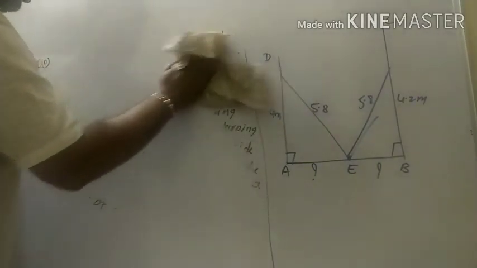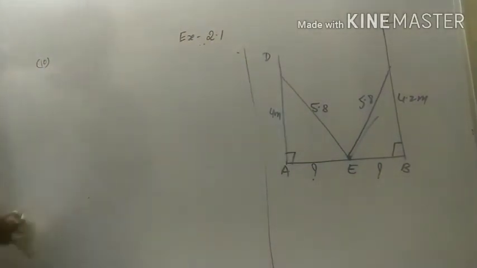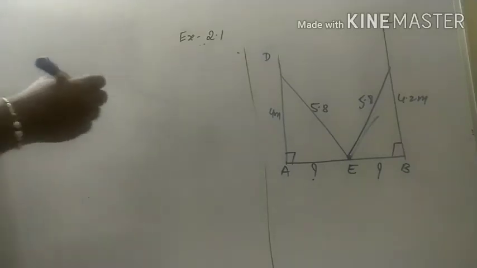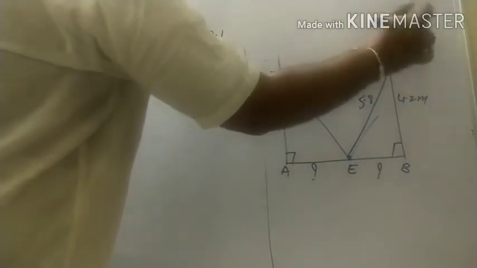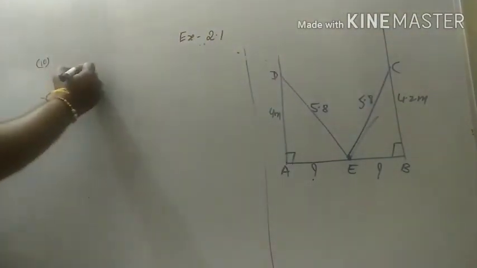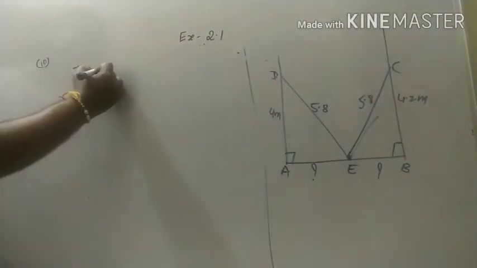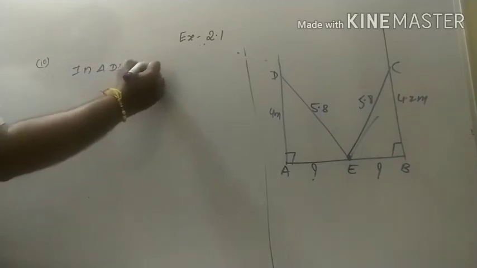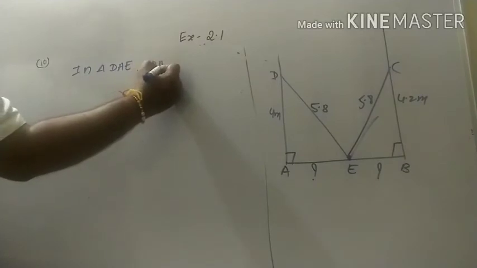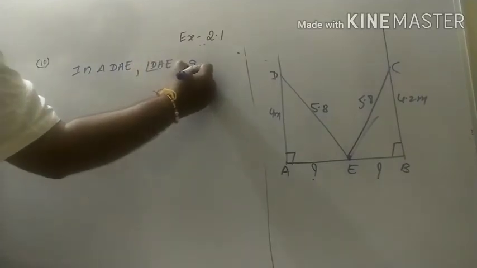Our assumption is that D and C are the windows. In triangle DAE, angle DAE is equal to 90 degree.